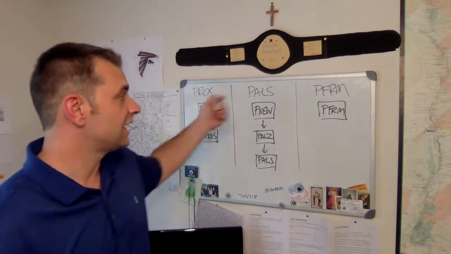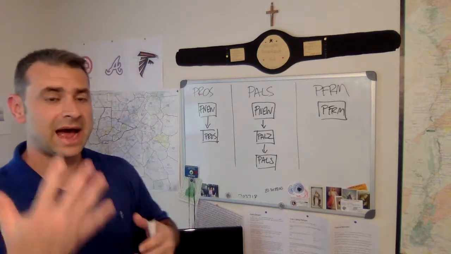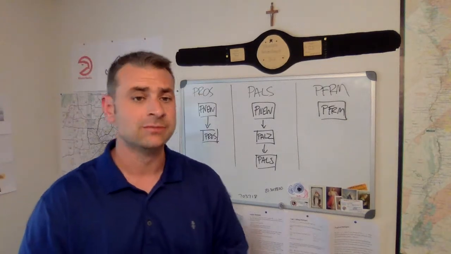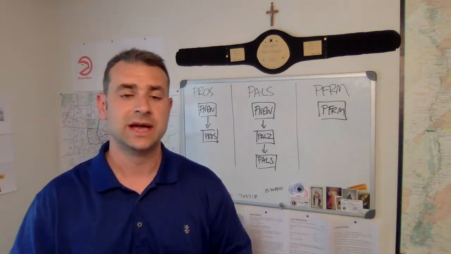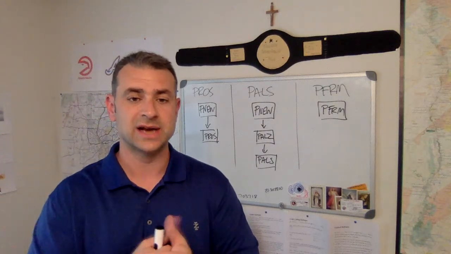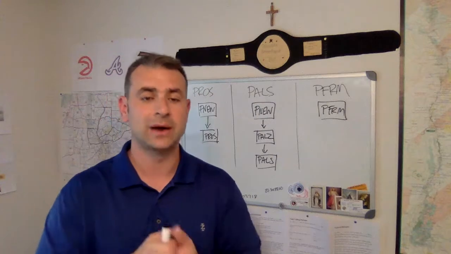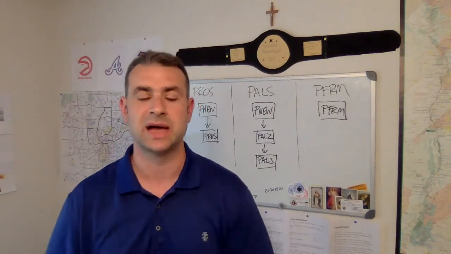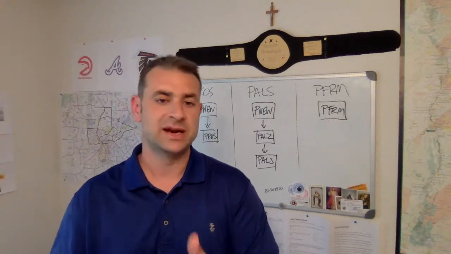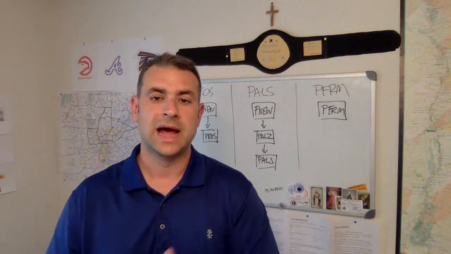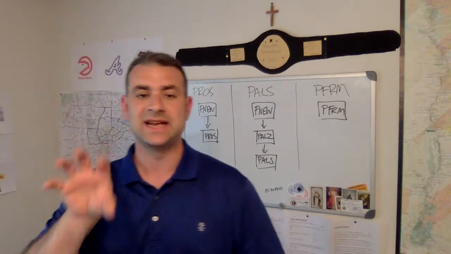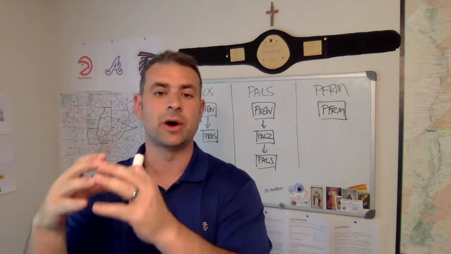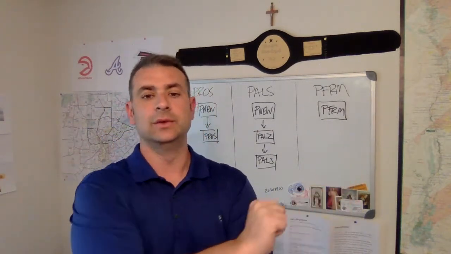So this is kind of the overview of how the process would play out, how people would end up in here. And again, these are the focus areas. How do we grow that prospects bucket as big as possible? How do we grow the PALS bucket as big as possible? How do we grow, not necessarily the People Farm as big as possible, but how do I take those people that are in People Farm and get them out, and where are they going?